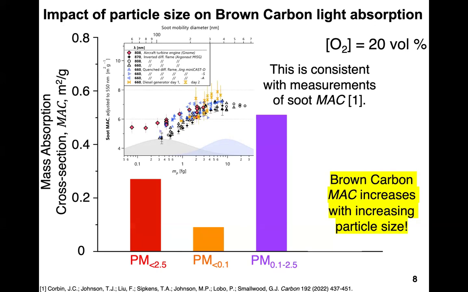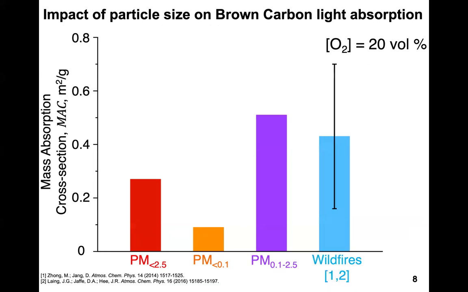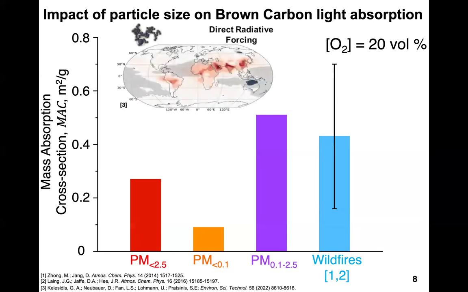Most importantly, the mass absorption cross-sections that we measured here for small and large brown carbon particles are in line with the mass absorption cross-sections that have been measured for brown carbon from various wildfires. So the mass absorption cross-sections that we measured over here can be interfaced with global climate models to derive the radiative forcing that is induced from brown carbon emissions emitted from wood combustion.